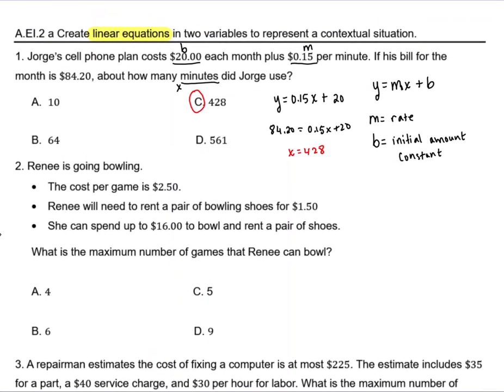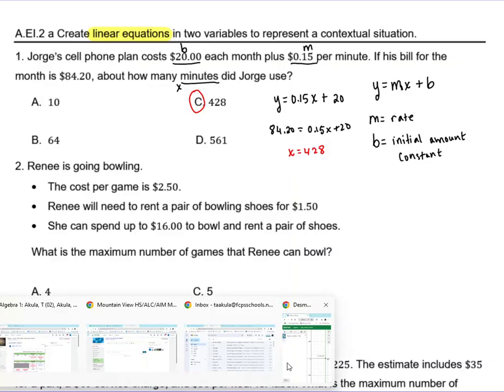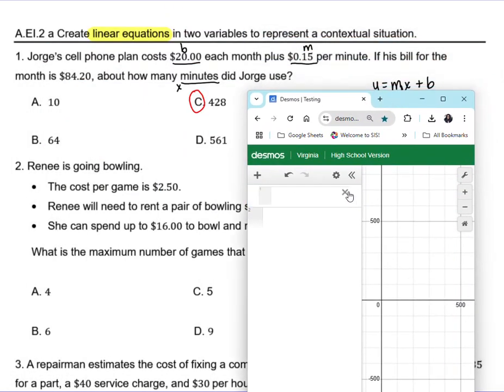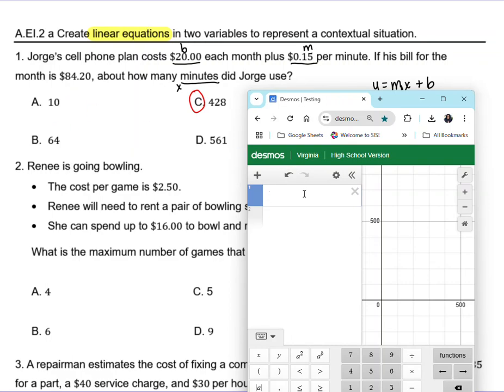Before I go on to the next problem, it's always good to check if our answer even makes sense. If he used 10 minutes of cell phone time and pays 15 cents a minute plus the $20 fee, his bill was only $21. We're looking for a bill of $84.20.